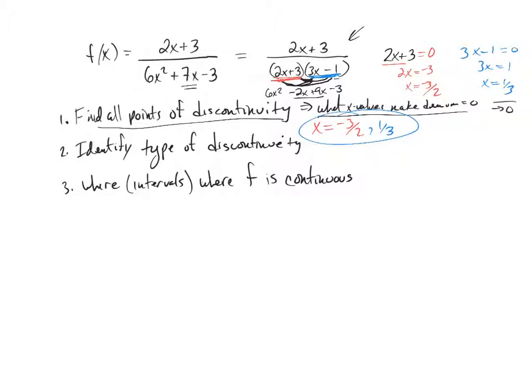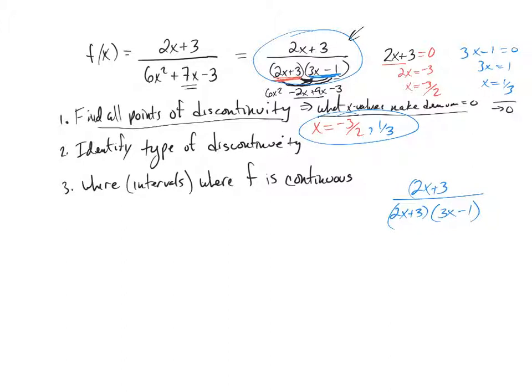Now, when they say identify the type of discontinuity, well, here's the thing. You learned in Algebra 2 that when you have a function like this that has, for example, 2x plus 3 over 2x plus 3 times 3x minus 1, you might have had a question that said, simplify this expression.